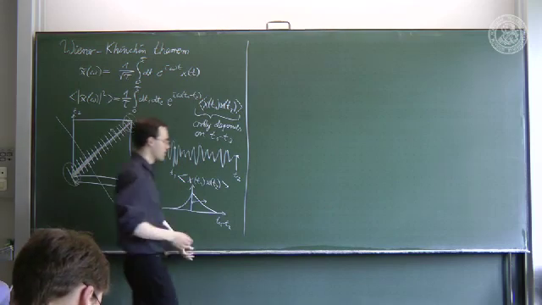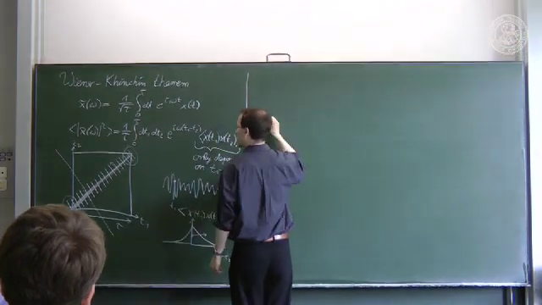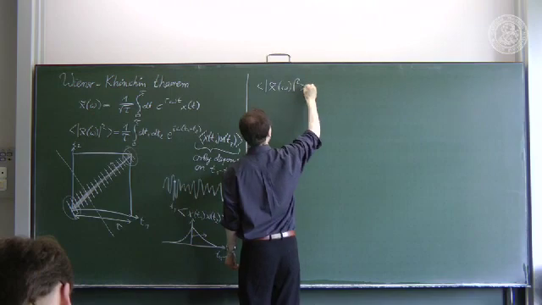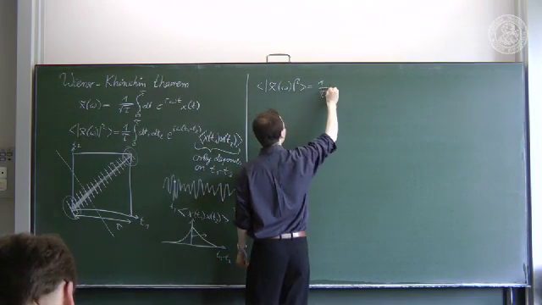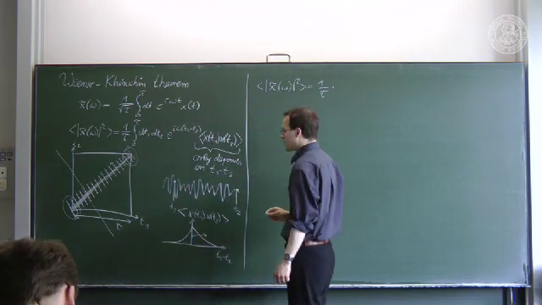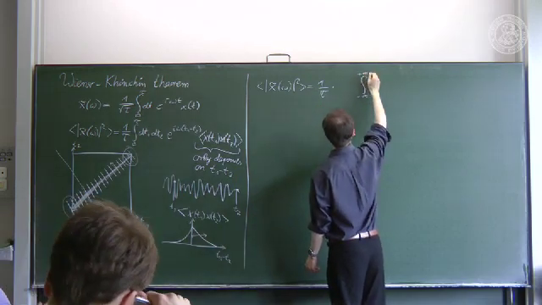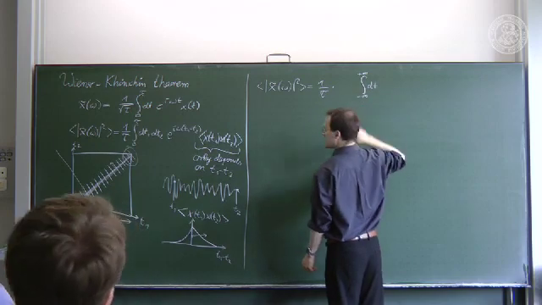And so what happens with this integral? One over tau is the prefactor, but now look, I want to integrate over the difference in times. Let's call this t.